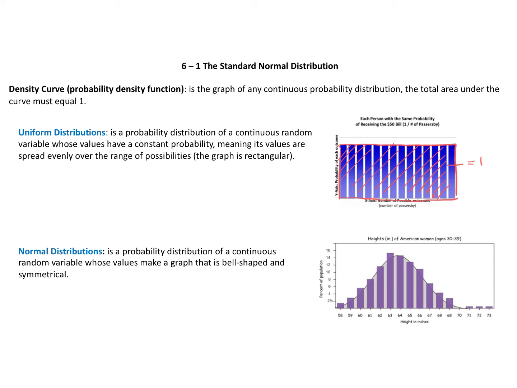Okay, now when we take a look at a normal distribution, this is looking at data where when you look at all the possible outcomes, they don't occur with the same frequency or with the same probability. And so that's why the frequency bars, the heights, are going to vary. They're going to be different. But what makes it a normal distribution is that the highest frequency bars are going to occur in the center of your distribution, where we're going to find the mean of our data set.